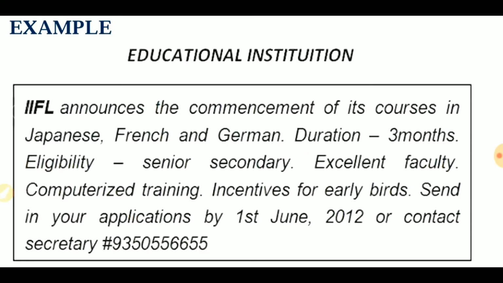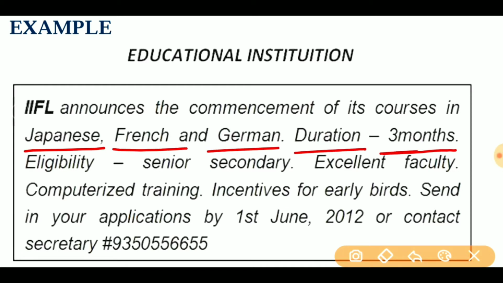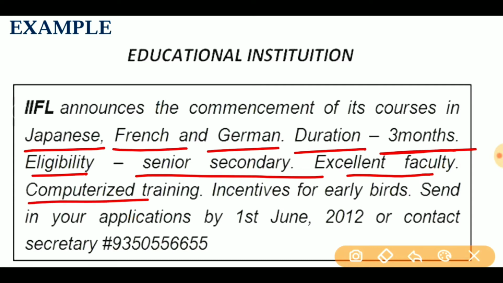Here is an example. Educational institution IIFL announces the commencement of its courses in Japanese, French, German. Duration of course is 3 months. Eligibility: senior secondary. Excellent facility, computerized training. Incentives for early birds.